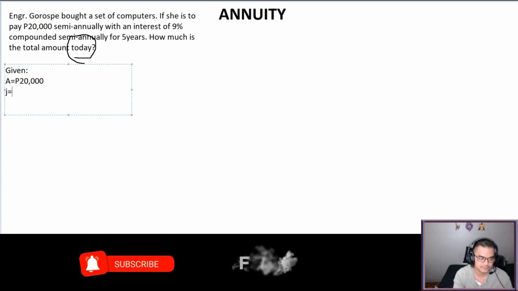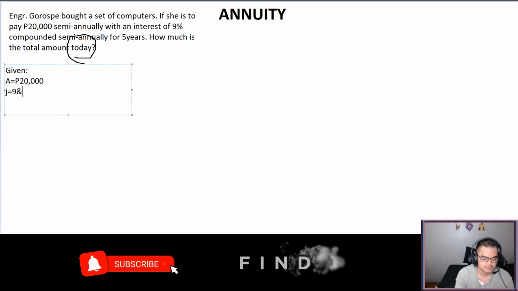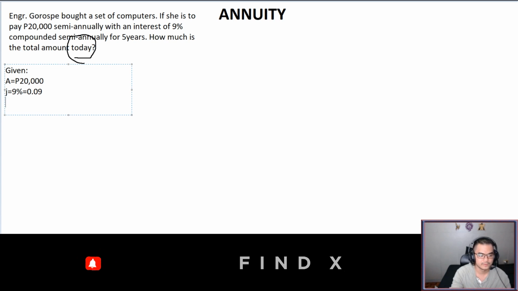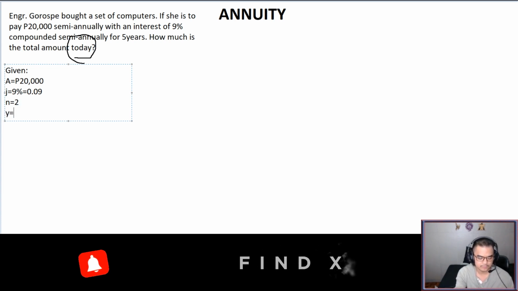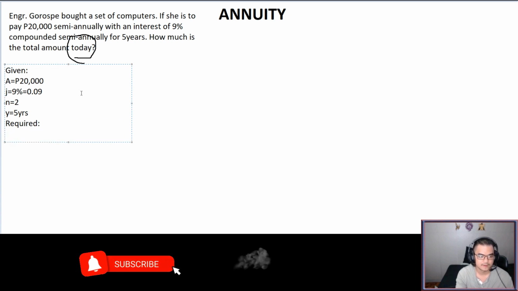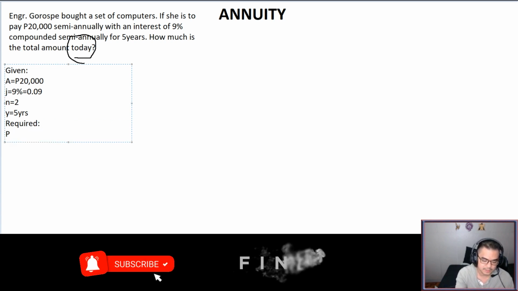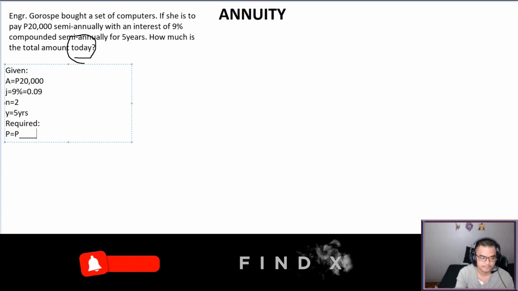From the word compounded, this must be your J, 9%, and this must be in decimal form. Compounded semi-annually, so if you say semi-annually, you are paying 2 times a year. And we are required now to find the total amount today, so that's P, or the present worth.